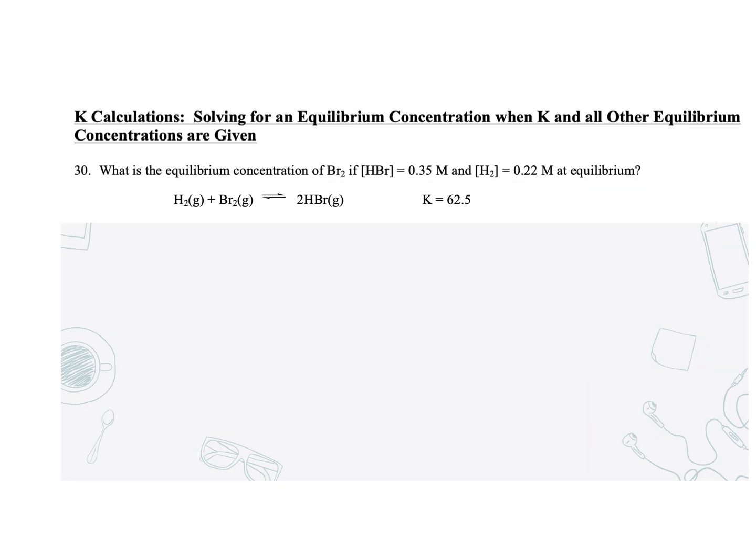We can also get an example like this, where we're given the equilibrium constant and some equilibrium concentrations, and we're trying to find the equilibrium concentration of something else. So here we want Br2, we're given HBr and H2, and we know what K is. We can write our expression for K, that's equal to the concentration of HBr squared, divided by the concentration of H2 times the concentration of Br2.